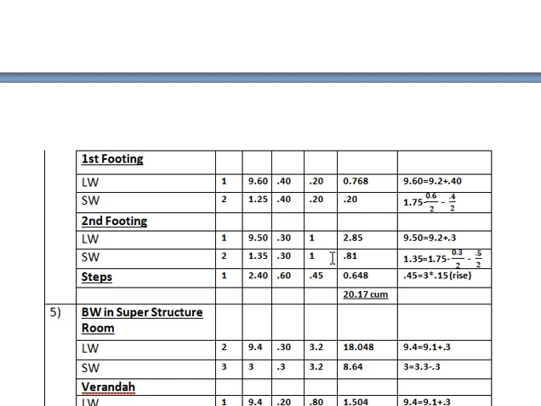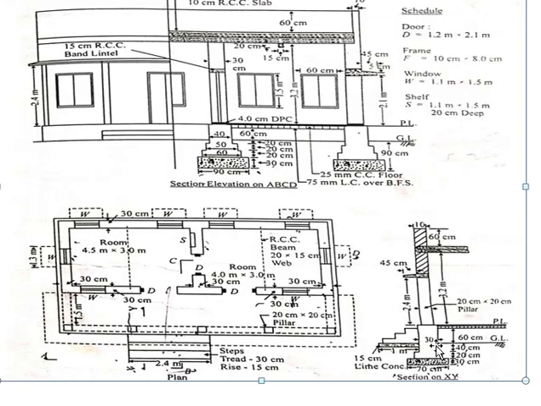Similarly for second footing, for the long wall, the procedure is simple. We have one long wall, 9.50, 0.30, and you can see it here. 0.30 is the width in case of the second footing, and total height, you can see it is 60 centimeter plus 40 centimeter. That means total is 100 centimeter, that is 1 meter.